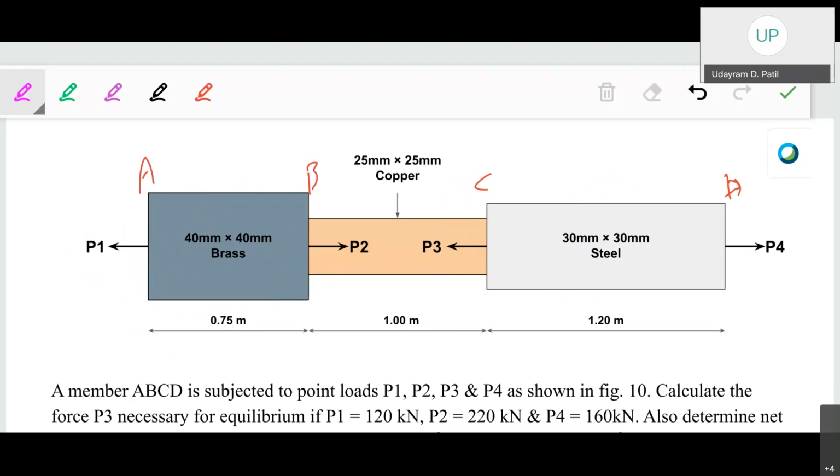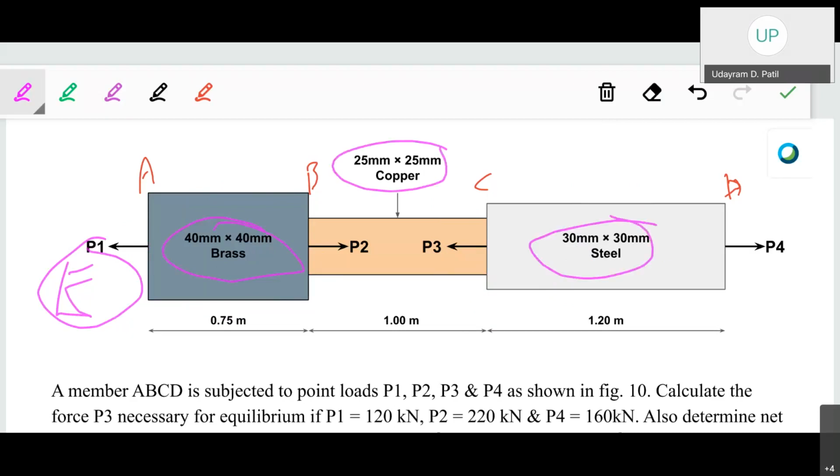Okay, next thing is here the value of E will be different for the different sections. Okay, Young's modulus will be different depending upon the material. Okay, first suppose the material is brass, second is copper, and third is steel. Therefore we have to put the value of the various Young's modulus in that particular formula while calculating the strain.